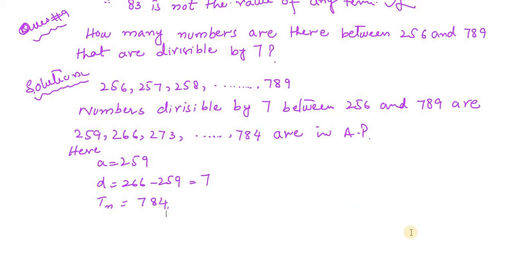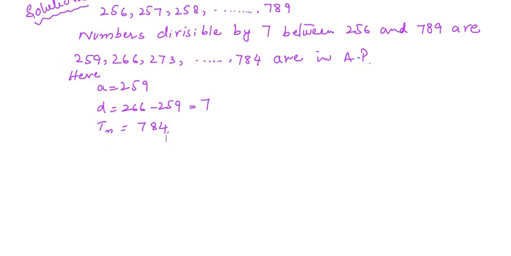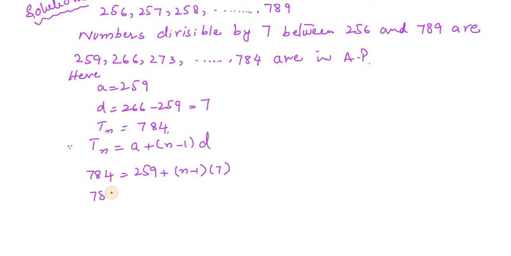By using the general nth term formula, Tn is equal to a plus (n minus 1) d. The last term is 784, the first term is 259, n we have to find, and the difference is 7. 784 minus 259 is equal to 7n minus 7.